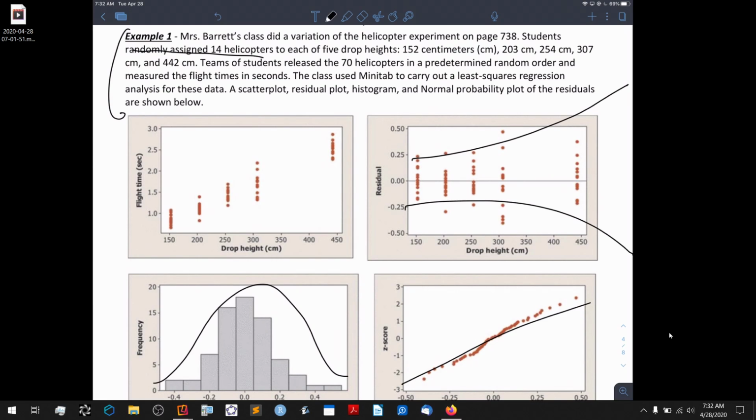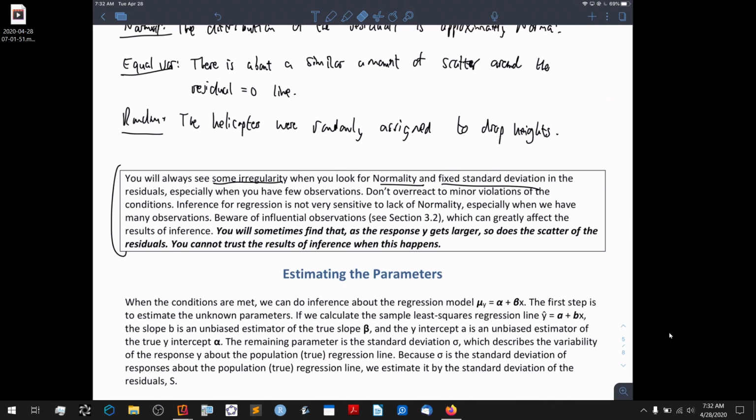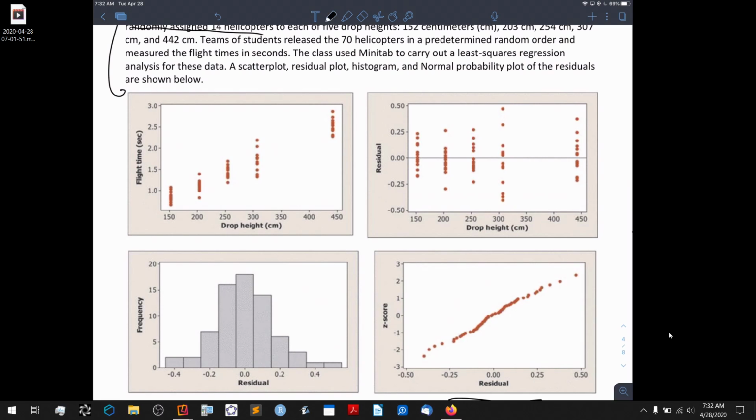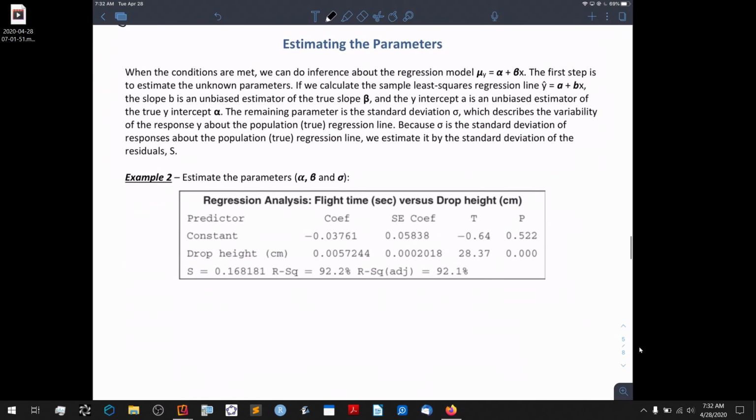If you see larger scatter as x gets larger, as the response y gets larger, so does the scatter of the residuals. Okay, so if you have those kind of things happening, you should be cautious of doing inference, because the regression line is not a good fit for the data to begin with.